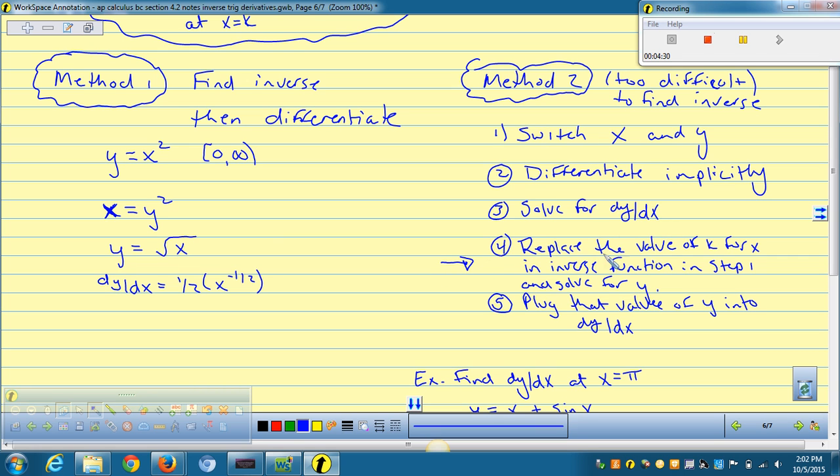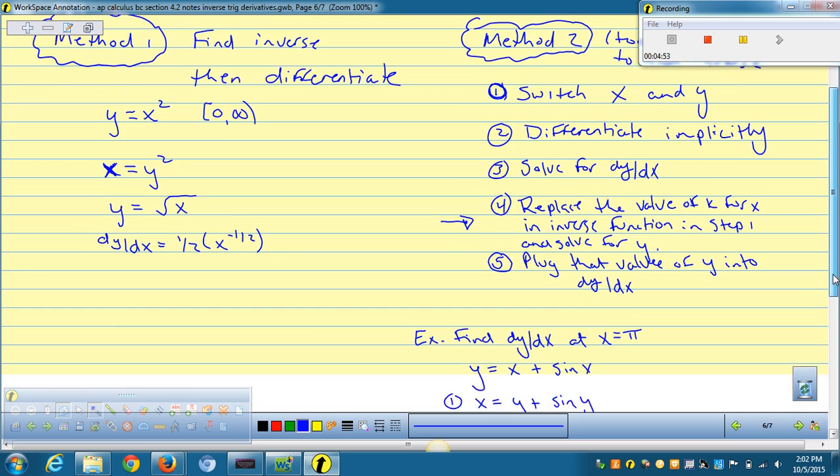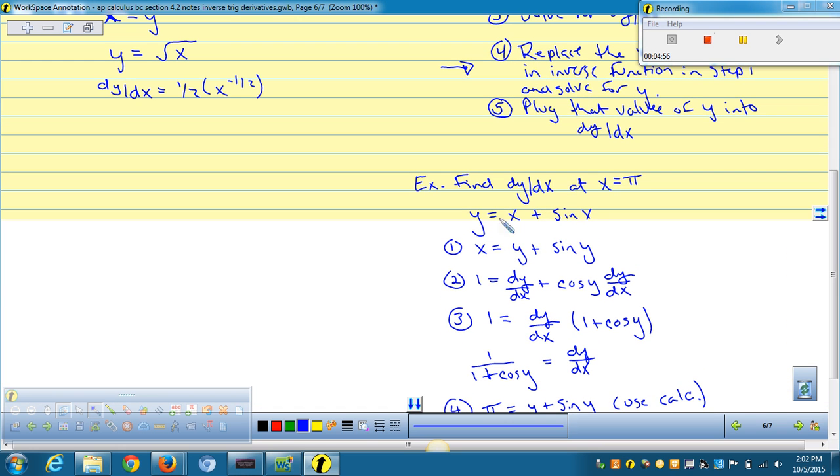We need to go back to our inverse function in method 1 and replace x with the value k and solve for y. So we're plugging in the x value that we're interested in and solving for y, and then we plug that y into our derivative. So for example, if we are asked to find the derivative of the inverse at x equals pi.